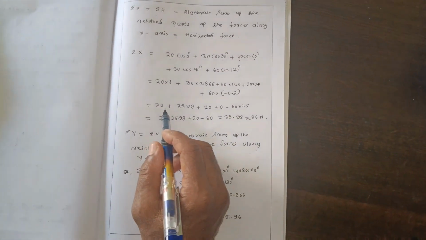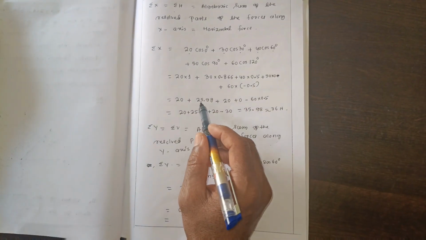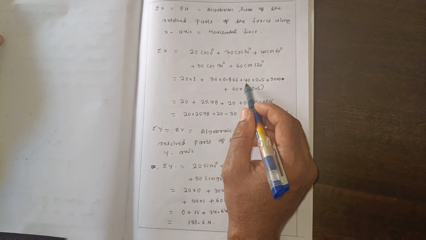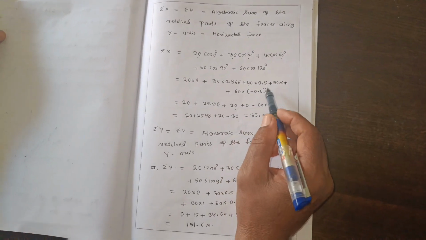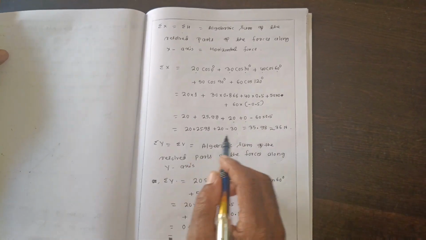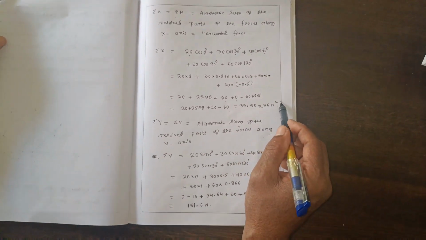Therefore 20 plus 30 into 0.866 is equal to 25.98 plus 20, because 40 into 0.5 is 20, this term is 0, this term is minus 30, which is equal to 35.98 is equal to 36 Newton.